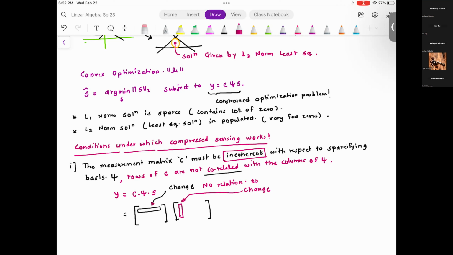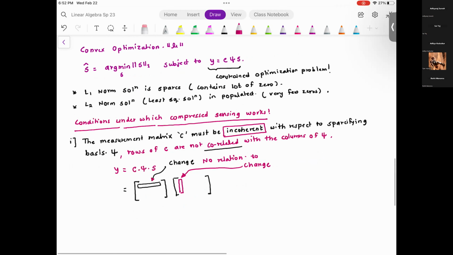So this is exactly similar to the concept of linear dependence or independence, because now what you have is these rows and columns that have no relation whatsoever with respect to each other, which means when you have used these as your basis vectors, they are going to capture some aspect of the data that will not be captured by the other basis. So that way you are capturing everything in that basis. So this is very important condition.